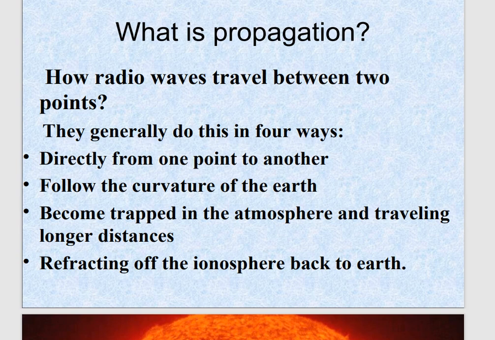Third is the wave becoming trapped in the atmosphere and traveling longer distances, back from the atmosphere to the receiver, which includes the different atmospheric layers, one of which is the ionosphere. So basically, that is the meaning of propagation of electromagnetic waves or radio waves.